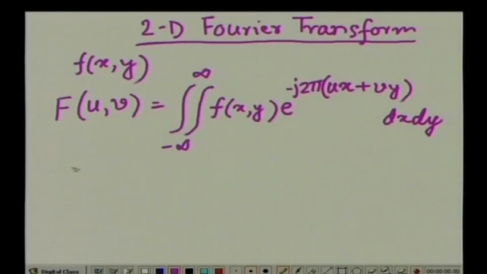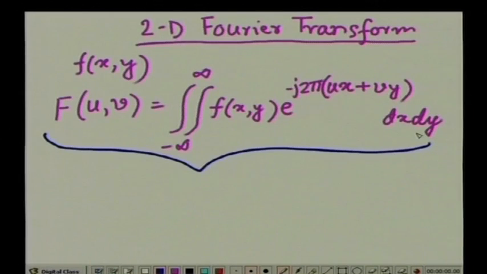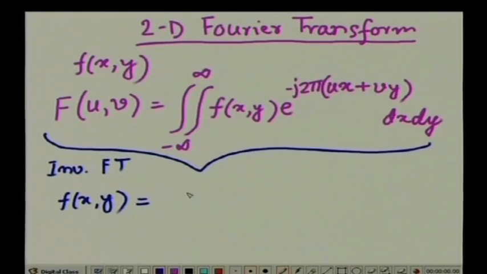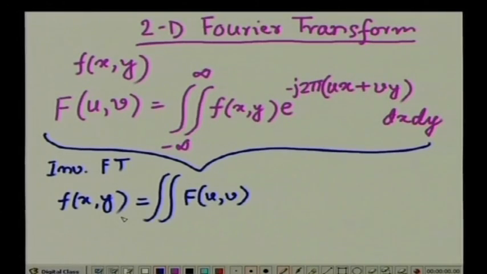So, the forward transformation is given by this expression: F of u,v is equal to the integral of f(x,y) e to the power minus j 2 pi (ux plus vy) dx dy, and the integration is taken from minus infinity to infinity. In the same manner, you can take the inverse Fourier transformation to get f(x,y), that is the image, from its Fourier transform coefficients F(u,v), by taking a similar integral operation.